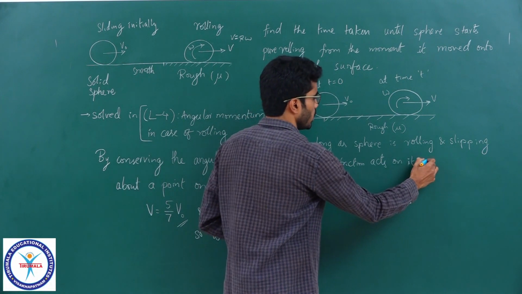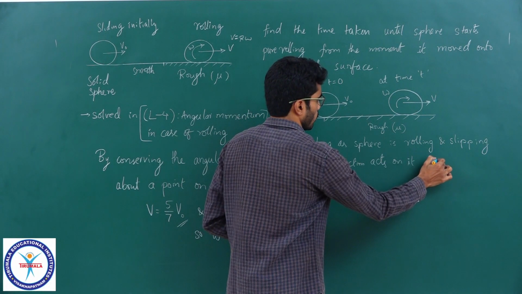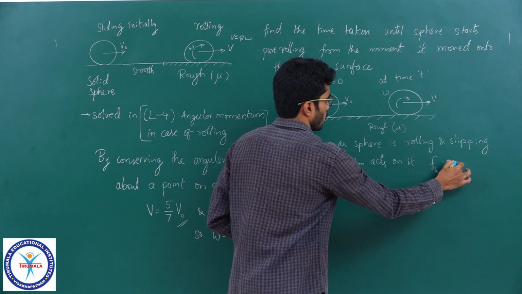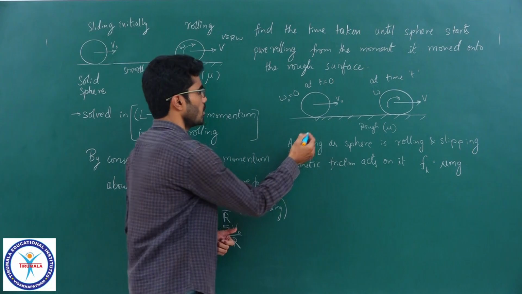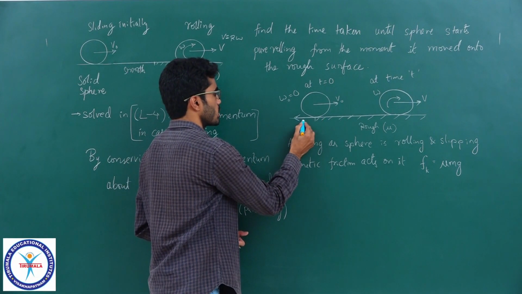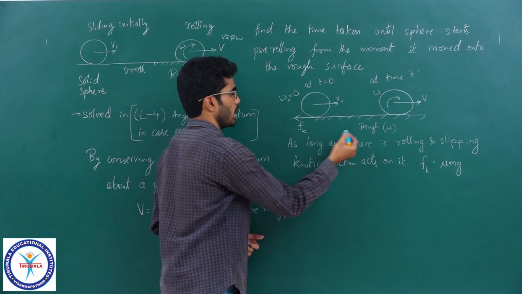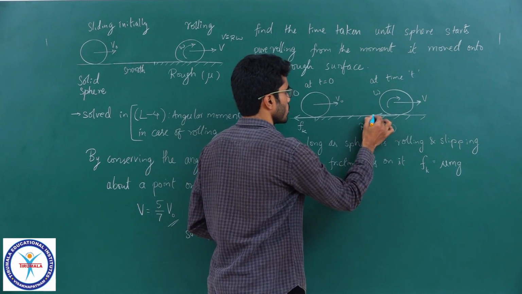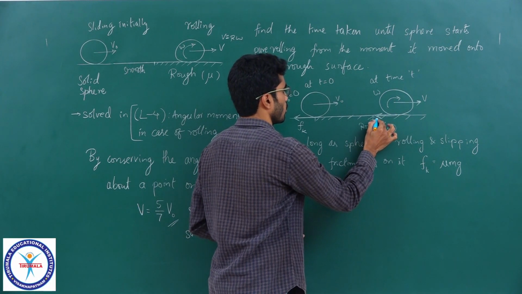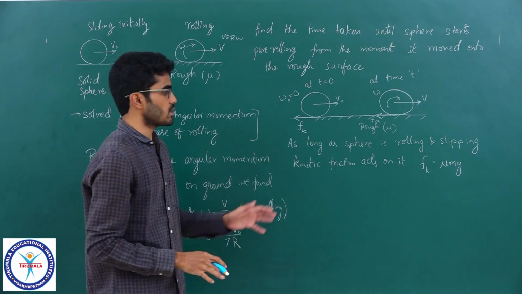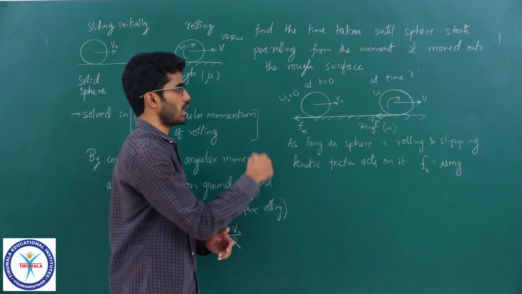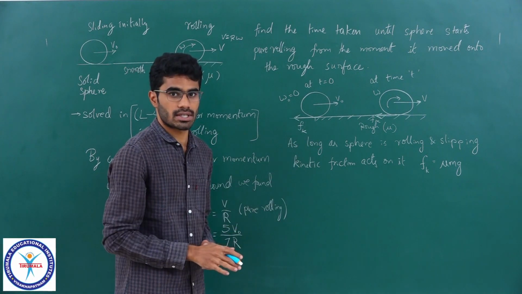Its value will be equal to Fk given by mu m g. We have already discussed this in the earlier case. The friction acting will be backwards on this, and the friction acts as long as it is rolling and slipping. Once it starts pure rolling, the friction ceases to act.